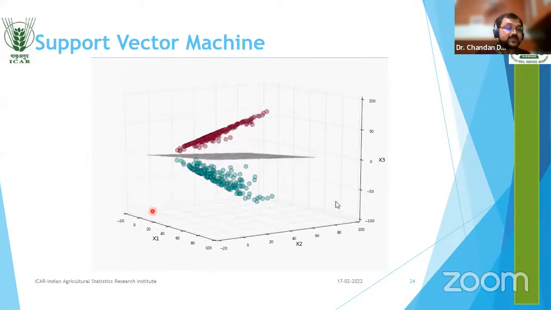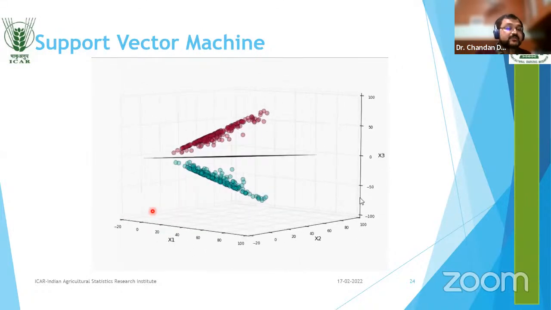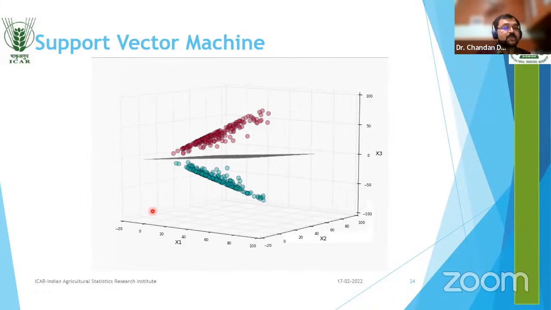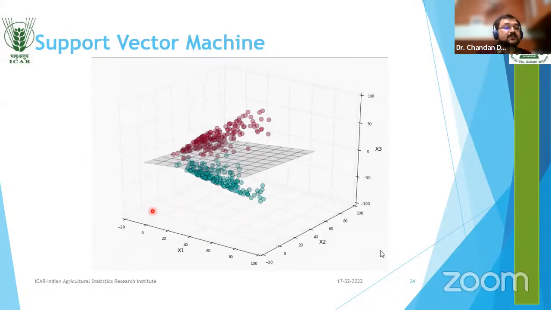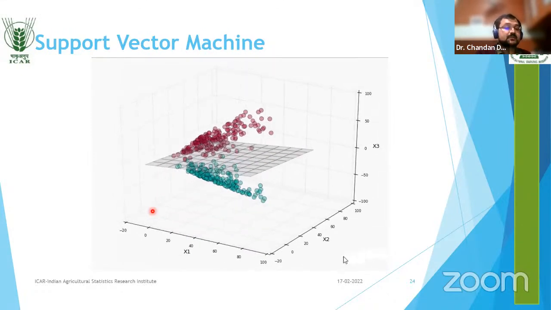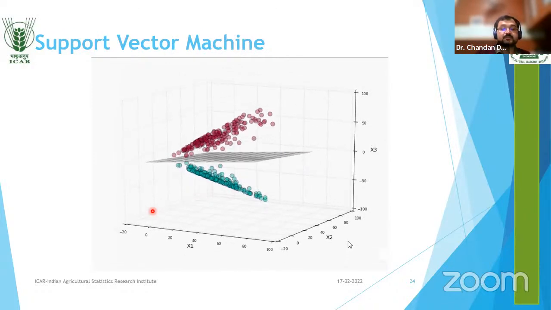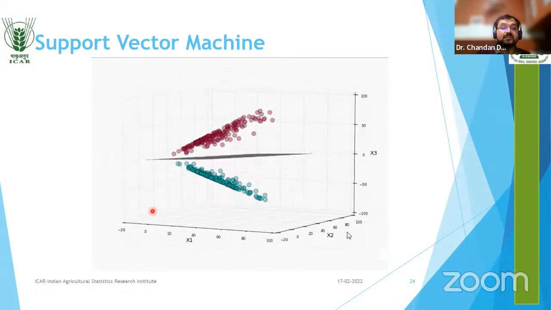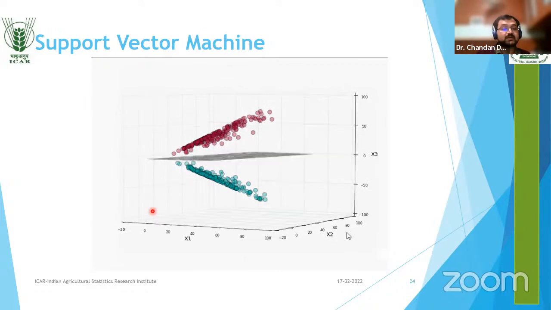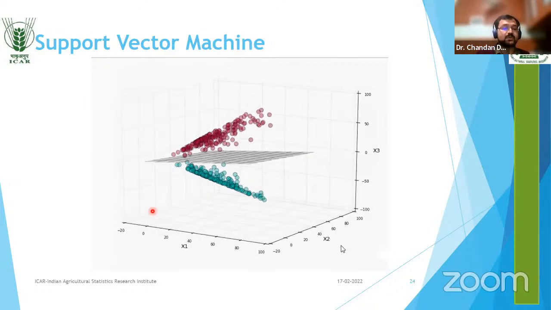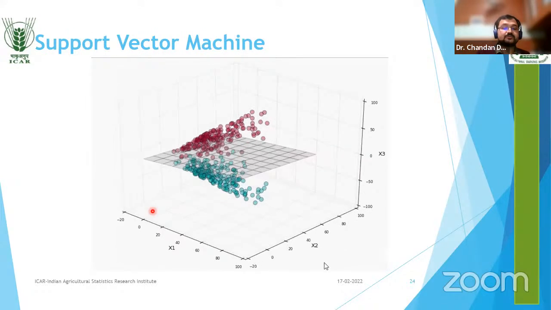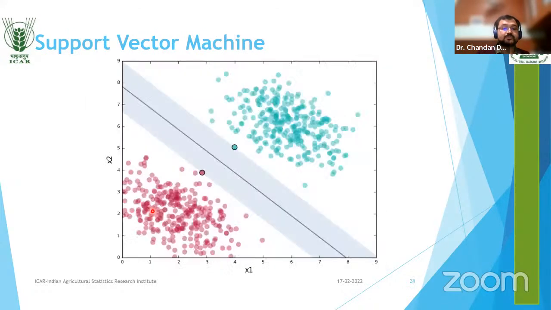It is a three-dimensional picture, that's why the support vector is not very well seen, but the support vector is the closest object residing on the edge of the road, and we are trying to maximize that road. That maximization of the road makes this classifier more generalized. Why is it more generalized?